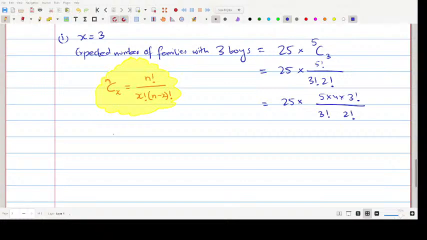So I played a little trick on the top over here. 5 factorial I have written as 5 multiplied by 4 multiplied by 3 factorial. That's completely legal by the way. And the 3 factorial will cancel out, right? And once we cancel the 3 factorial and 3 factorial, 2 factorial is equal to 2, we know that. So 2 factorial and 4, if we cancel, then we will get 2 over there.